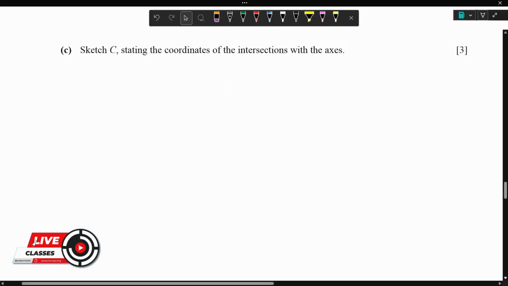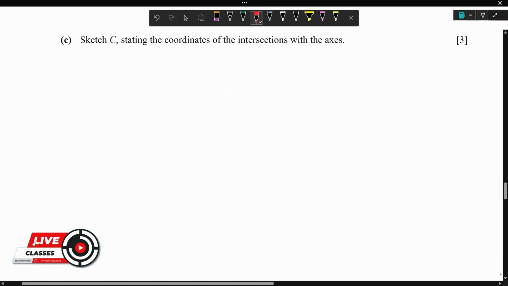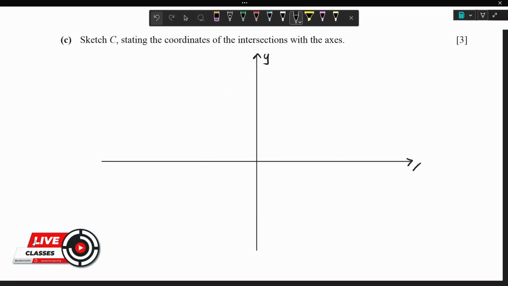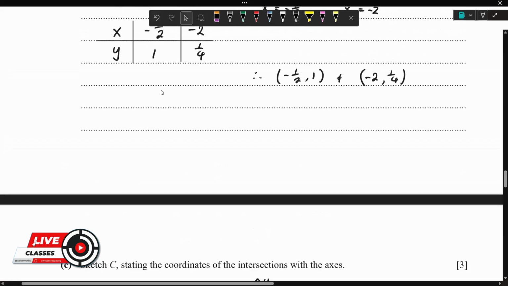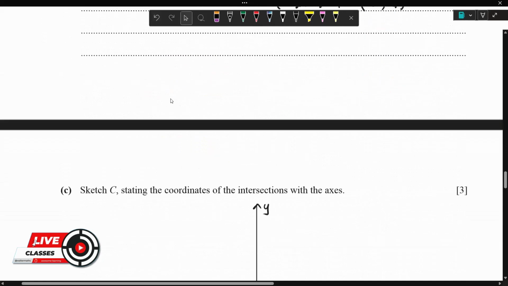On part C, they say sketch C, stating the coordinates of the intersections with the axes. All right. So let's look at this. We start with the axis. So that's y, that's x. Okay, that's asymptotes. We have x is equal to plus or minus 1.